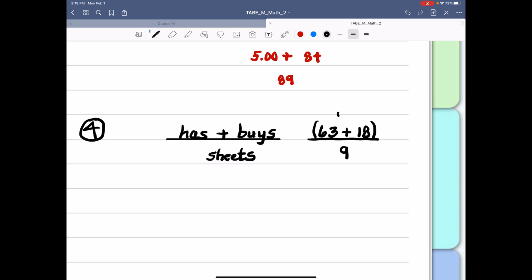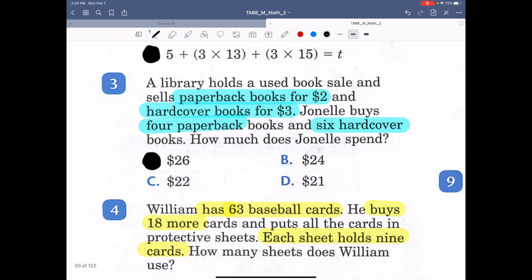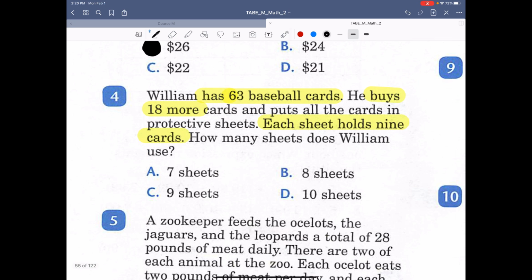That is 81. And 81 divided by 9 is 9. So William needs 9 protective sheets. So for this one, I like answer C. He needs 9 sheets.